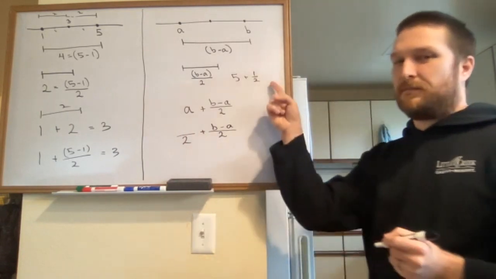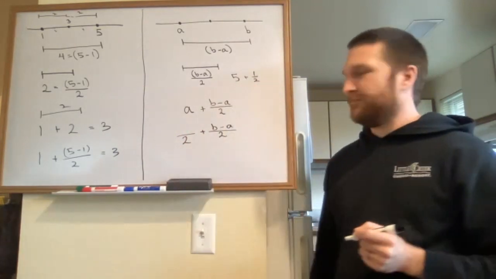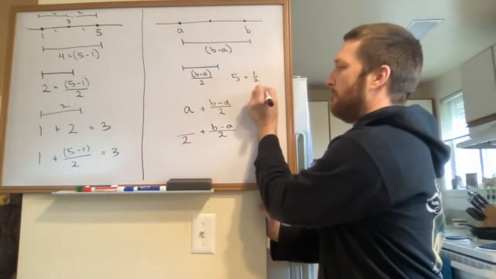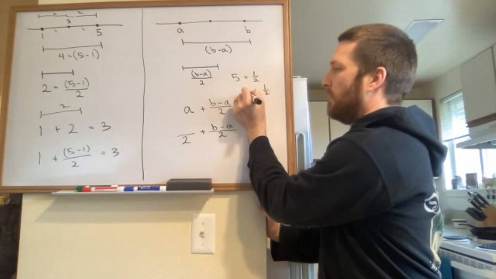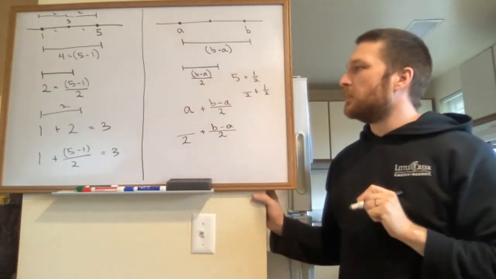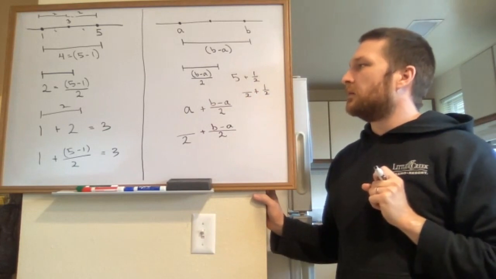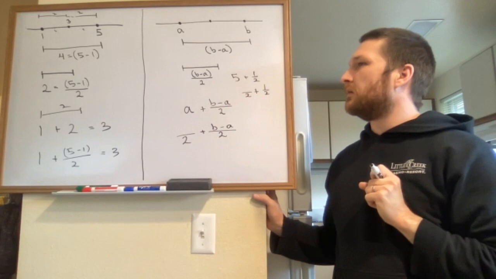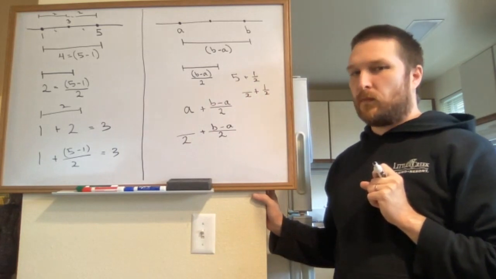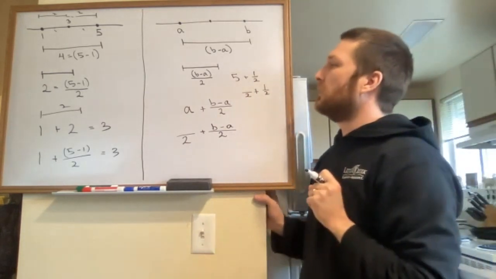How would you do this? What would you do with 5? You would multiply it by 2.